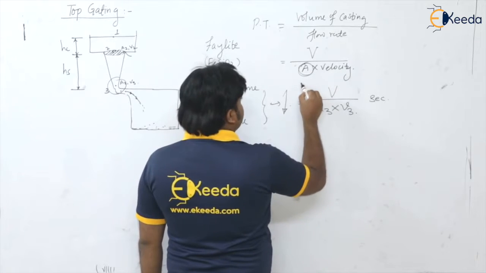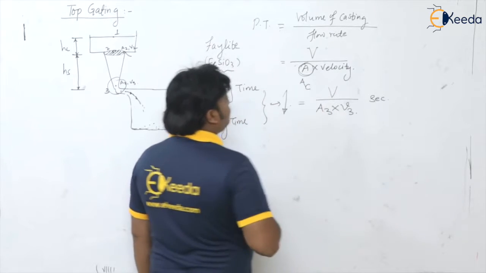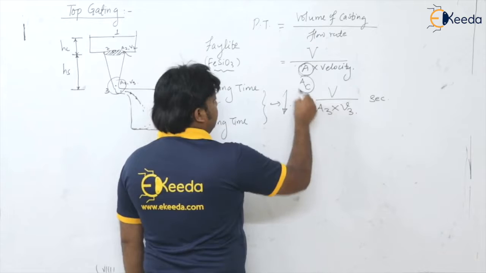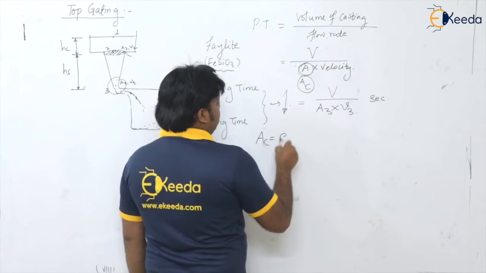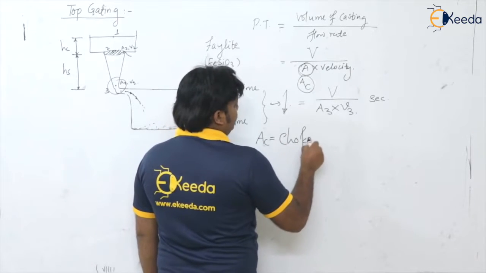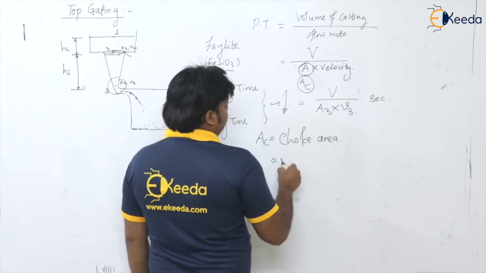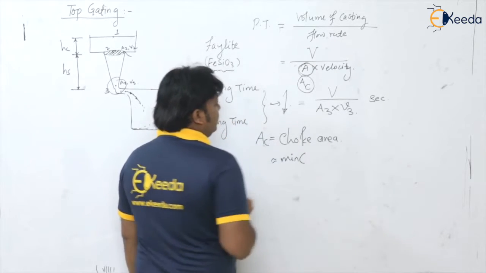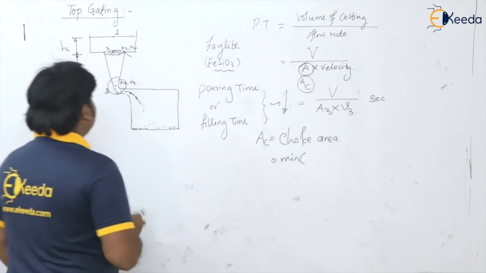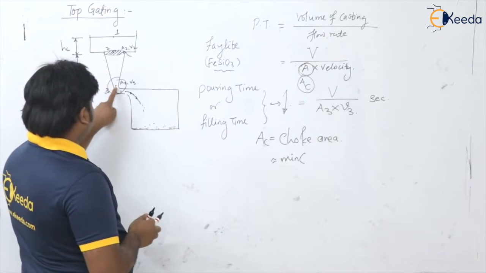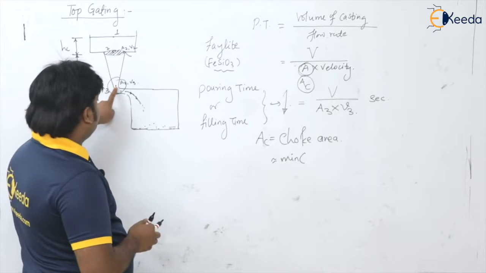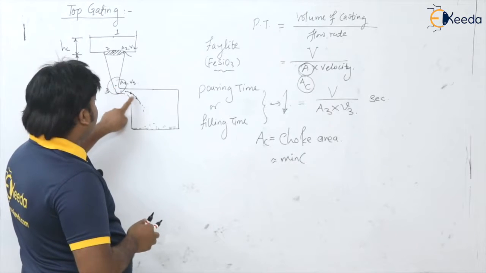I will write this area as AC. AC is nothing but the choke area. This is generally the minimum of the three areas we have: the bottom of the sprue base, then the runner and the ingate.